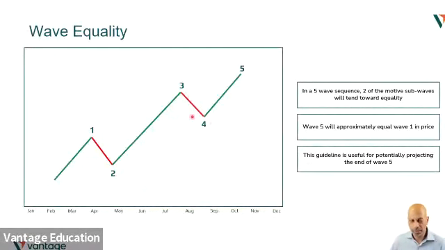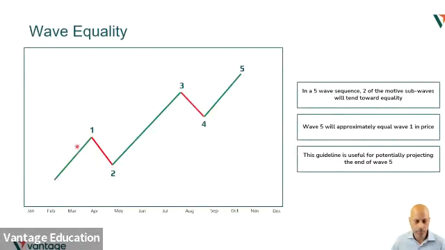So similarly, because wave two experienced a 30 pip drop, we can estimate where wave four will end, and then you can identify a potential buy entry. Once price has formed the bottom and starts to turn higher, you can go long on that position again, and then you can use the length of wave one.